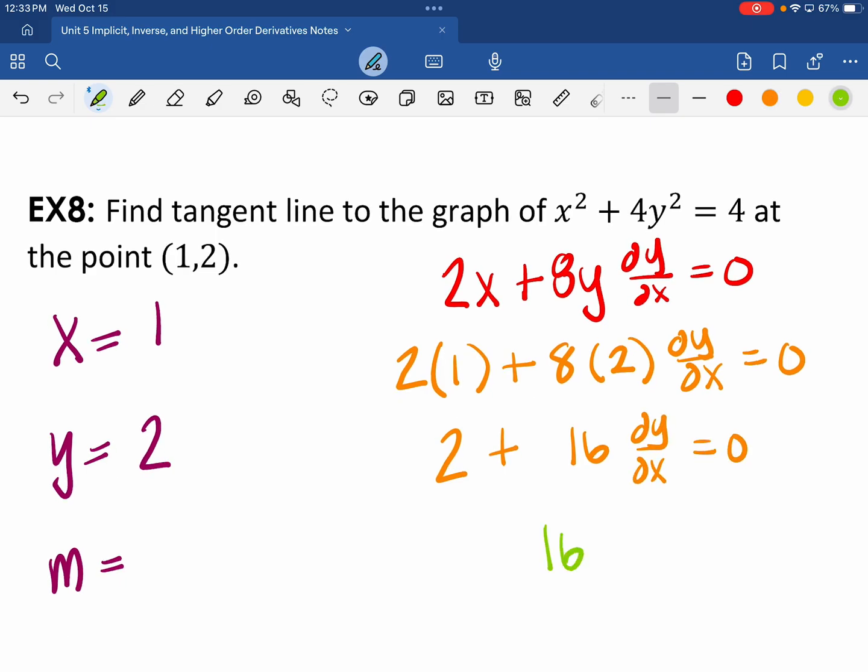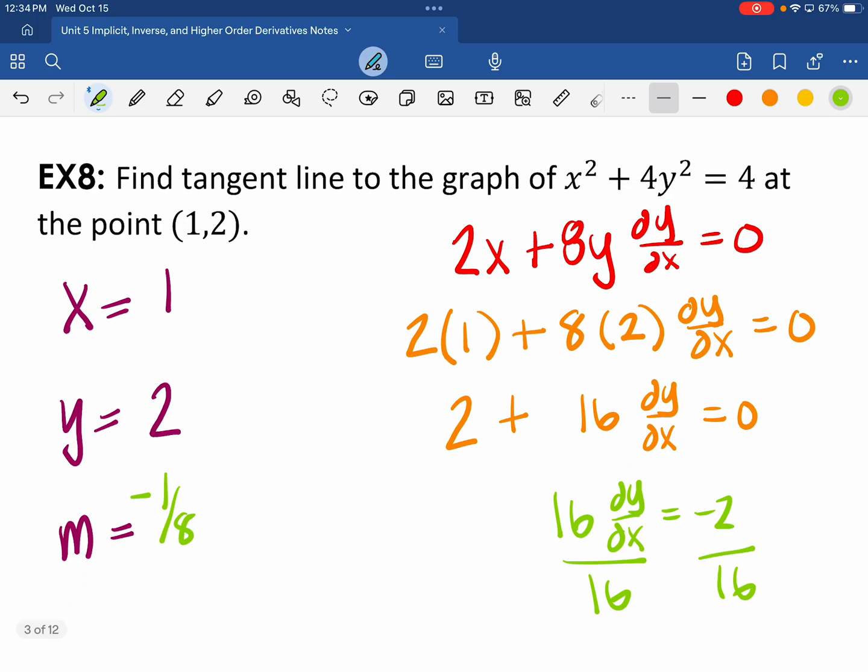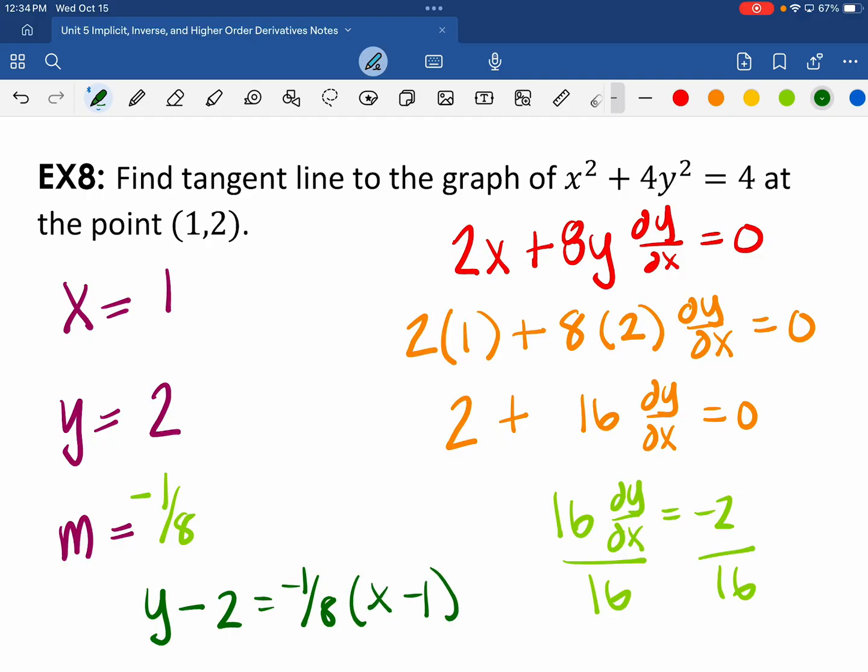You subtract 2, minus the 2, and then divide by 16. So what would your slope be? Negative 1/8. And then you just put that in the y minus 2 equals negative 1/8 x minus 1. And that's my tangent line equation.